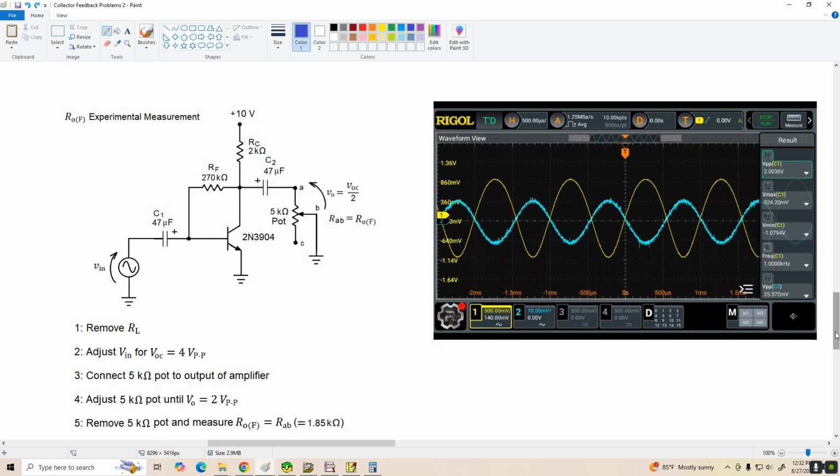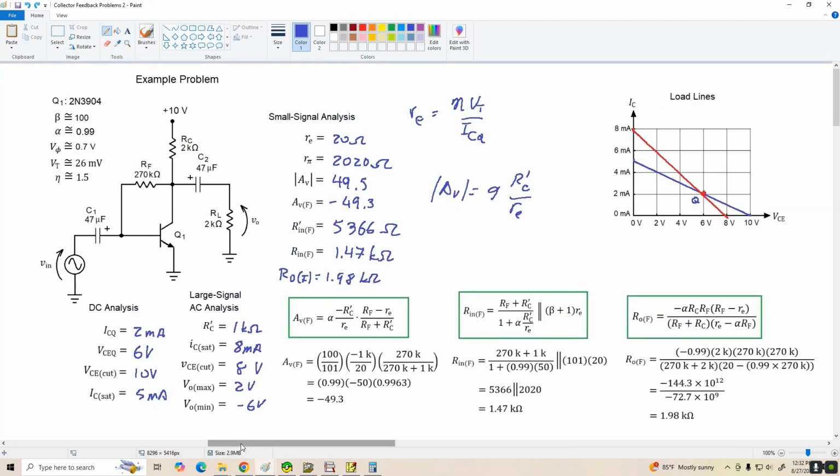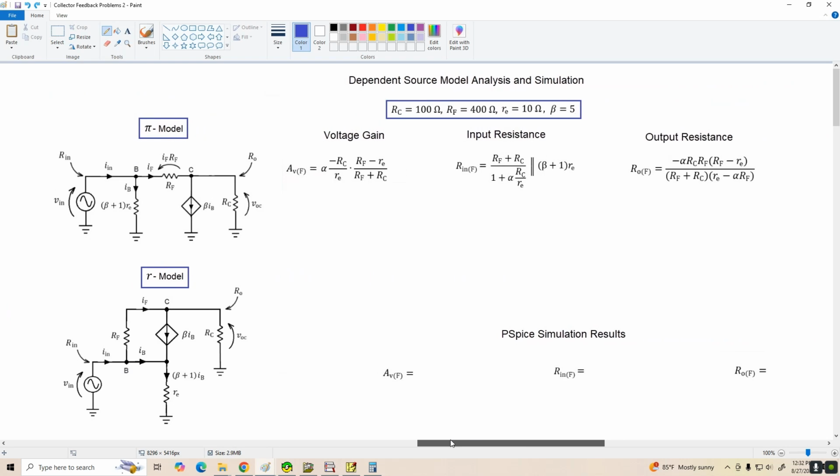All right, what I want to do next is go on up and look at our active region model for the circuit under small signal conditions, and this is the pi model we've been using, and down below is the R model of the transistor in this circuit.